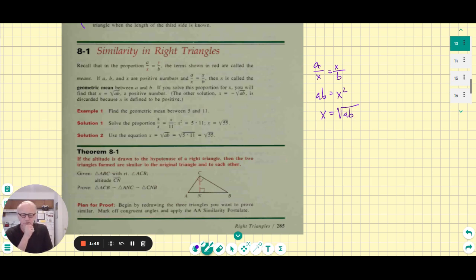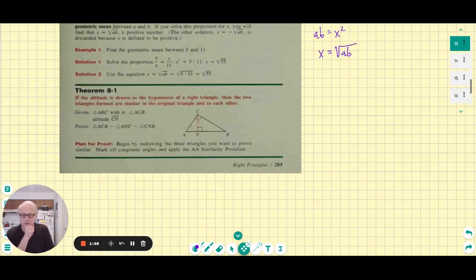So all you have to do is know those two numbers, multiply them together, and take the square root. So if you want the geometric mean between 5 and 11, we multiply 5 times 11 and take the square root. Okay, pretty straightforward there.